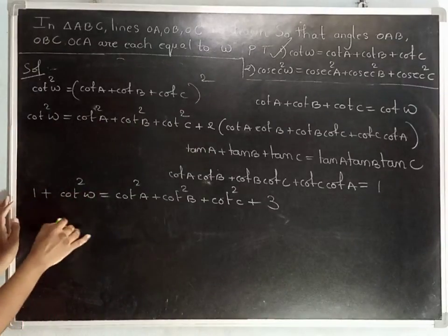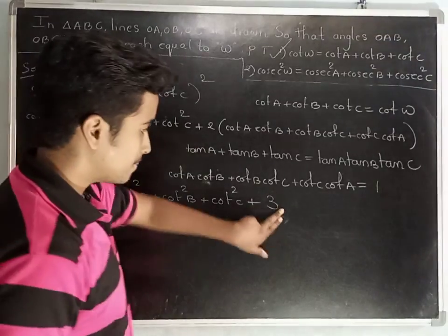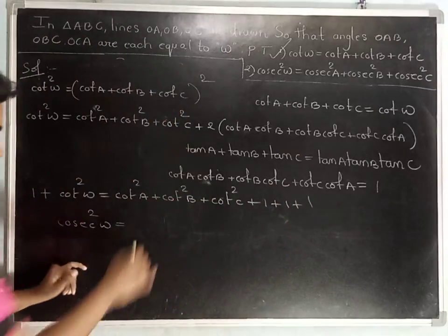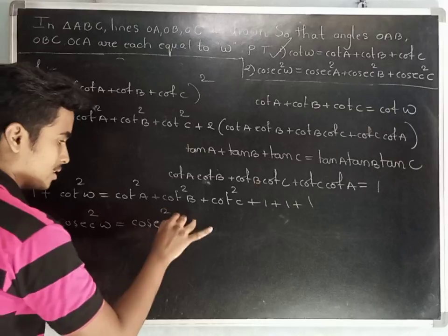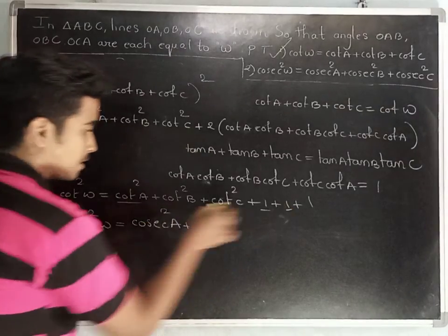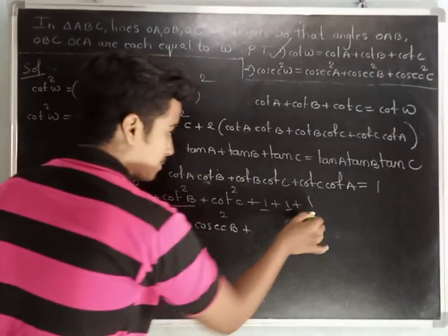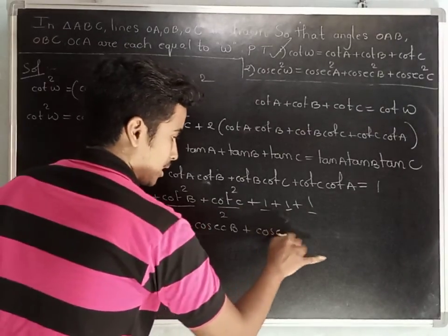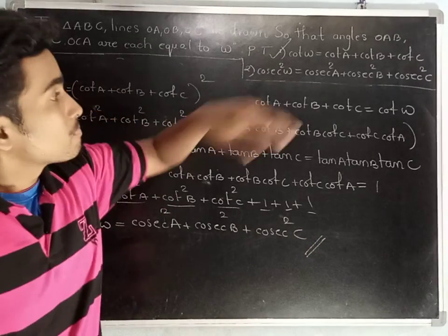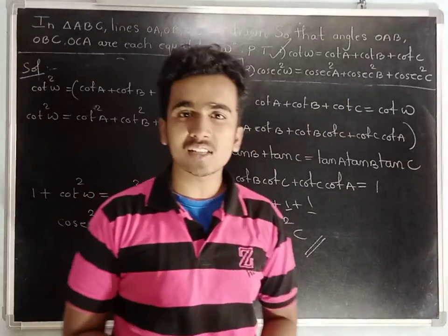1 plus cot square omega is nothing but cosec square omega. 3 can be written as 1 plus 1 plus 1. 1 plus cot square A is nothing but cosec square A, 1 plus cot square B is nothing but cosec square B, and 1 plus cot square C is nothing but cosec square C. See, from the first result, we were able to derive the second result also.